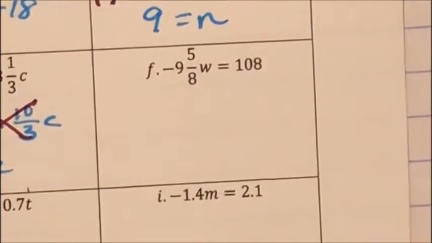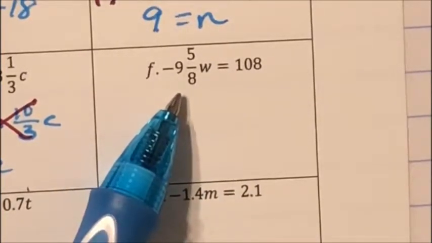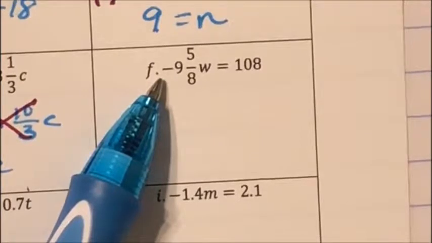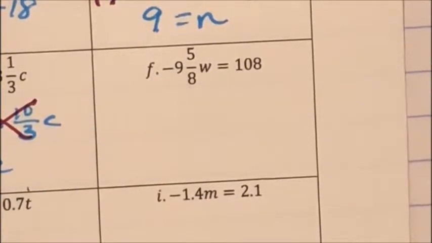Okay. Then I have F. So I have -9 and 5/8 W equals 108. Okay. So this is a mixed number. I want to change it to an improper fraction. 8 times 9 is 72. 72 plus 5 is 77.